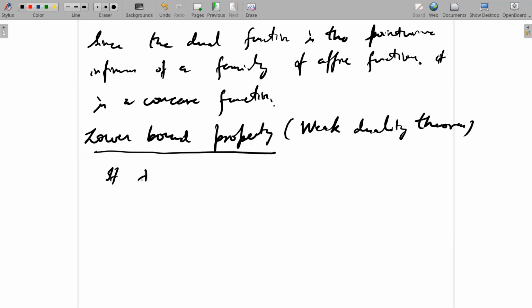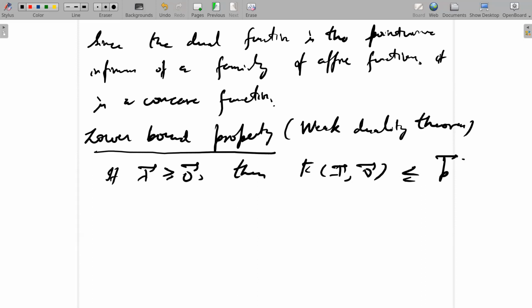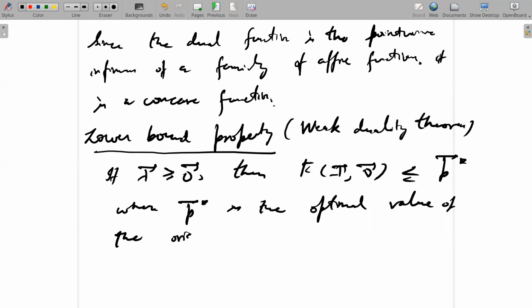Now, if lambda is bigger than or equal to 0, then f of lambda, nu is less than or equal to p star, where p star is the optimal value of the primal optimization problem, of the original optimization problem, for which this is the corresponding dual.